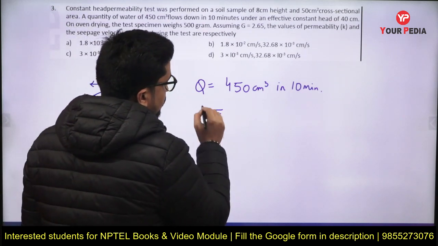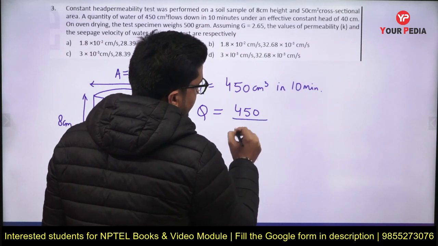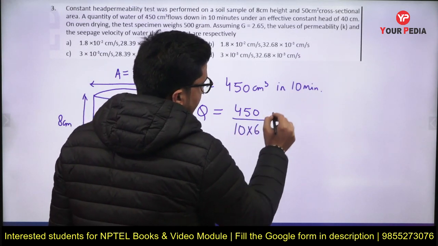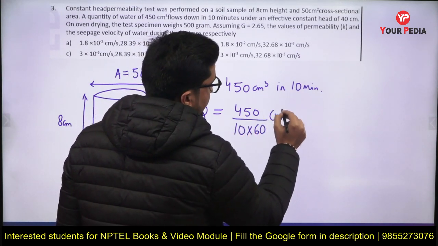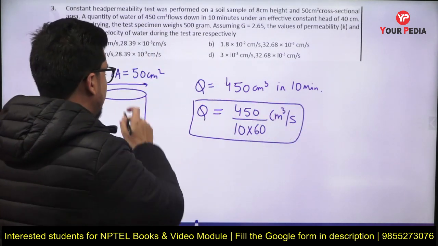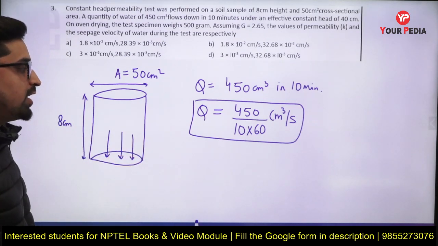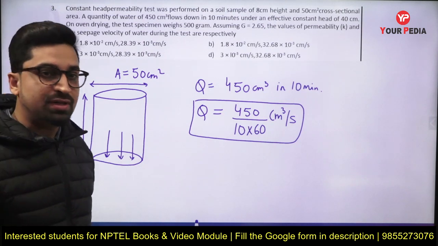So discharge Q will be equal to 450 divided by 10 into 60, and this is 0.75 centimeter cube per second. So now we have calculated the discharge which is being passed through this soil sample, and it is 450 divided by 10 into 60 centimeter cube per second.